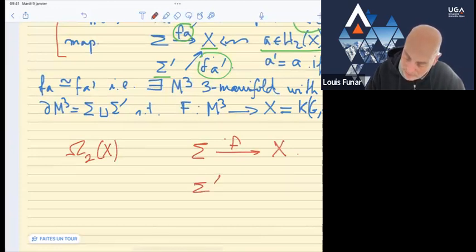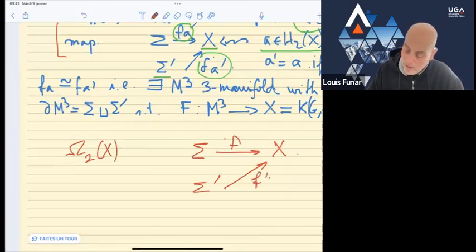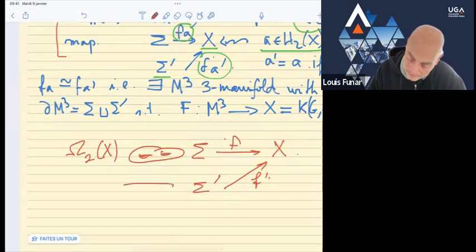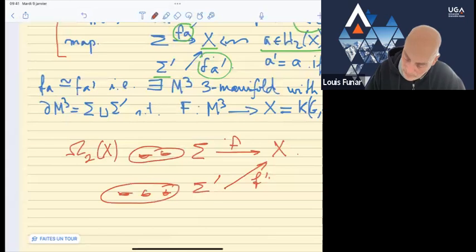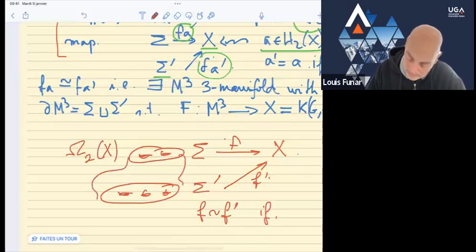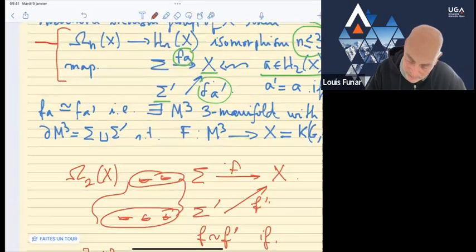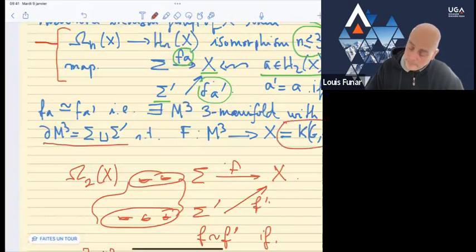And I'm saying that two surfaces, F and F prime, are bordant, so F is equivalent to F prime, if there exists a 3-manifold M, with the boundary sigma union sigma prime, such that there exists a map from M into X. In our case, X will be, as I said, actually a K(G,1), such that when you restrict F to sigma and to sigma prime, you obtain F and F prime.